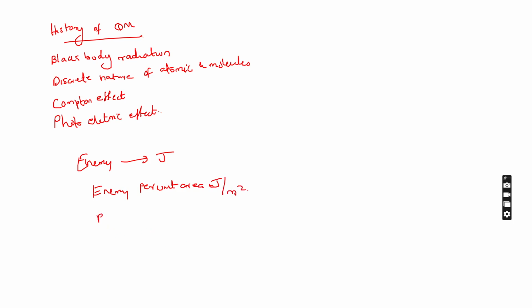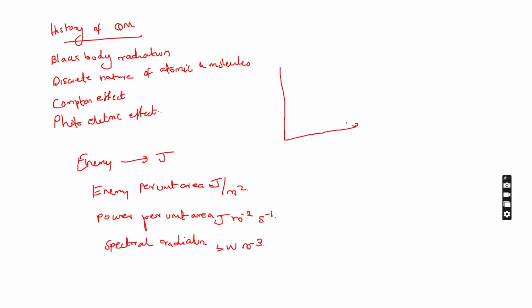Power per unit area: joules per meter square second. Then spectral radiance, which is Watt per meter cube. Okay, so now we know the graphical representation of the black body radiation.